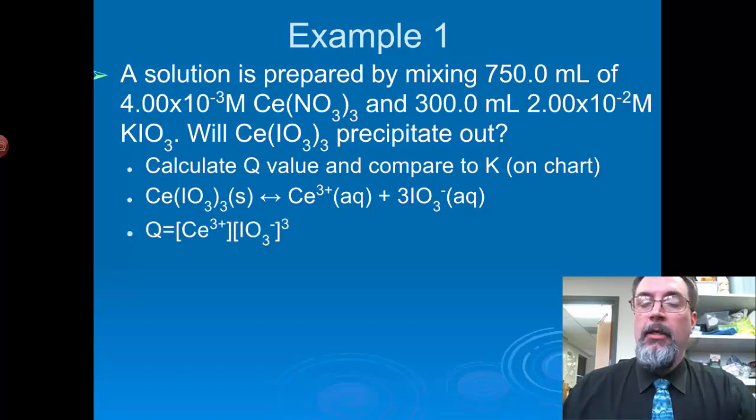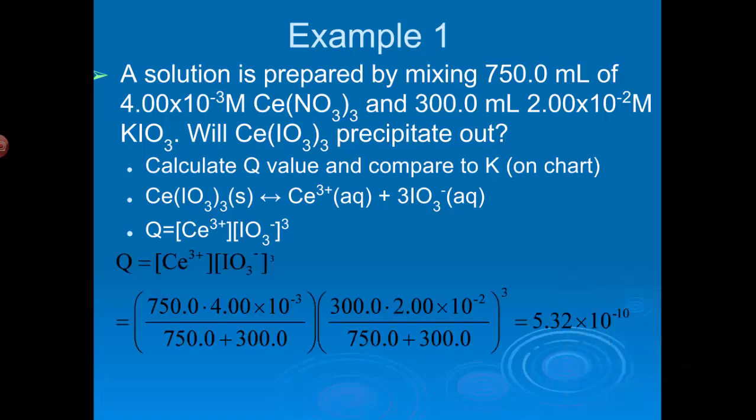Q is calculated the same way as K, so concentration of cerium ions times concentration of iodate ions cubed. We have the concentrations given. We have to figure out the new concentrations based on the total volume, which is 750 and 300. So we have to find the moles of each ion and then divide by the total volume.